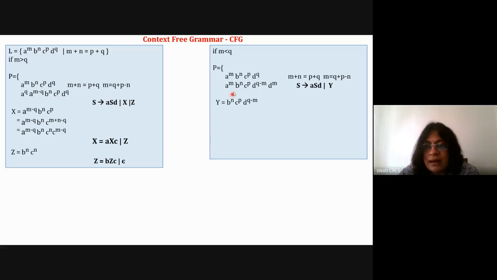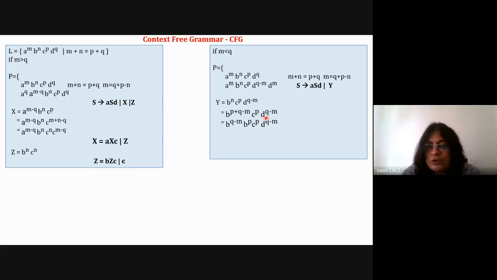And then I'll try, can I write N in terms of this Q minus M? So N will be equal to P plus Q minus M. So I'll rewrite this B as P plus Q minus M and D raised to Q minus M. Again, you rewrite B as B for Q minus M times, B for P times. So again, it is simplified. B and D is similar.